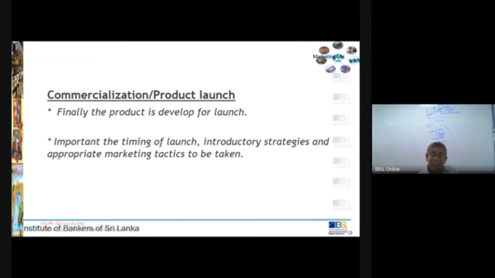And timing of the launch is important. What are the introductory strategies? What are the tactics you are going to use? Sometimes we say, we are introducing a children's savings account. You have a brand name, put a brand name also.